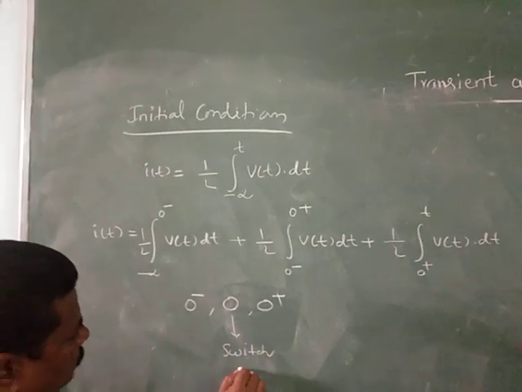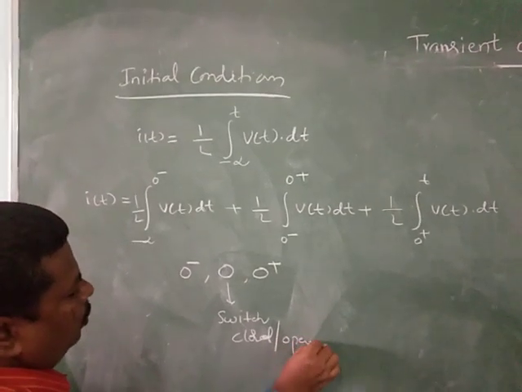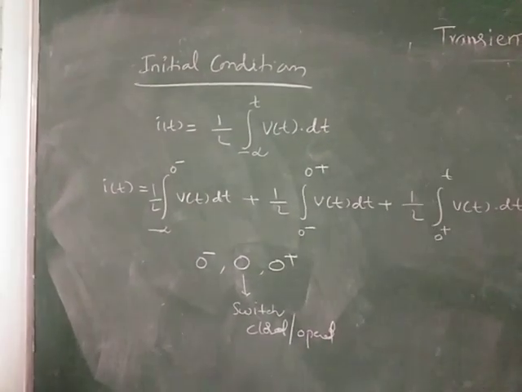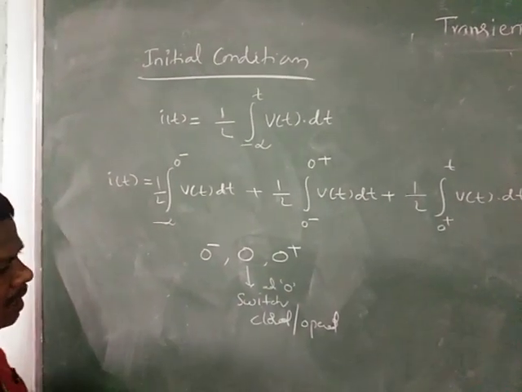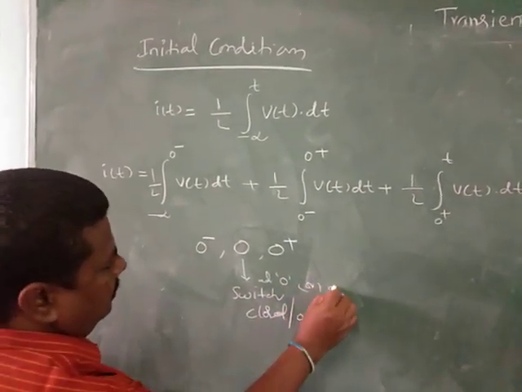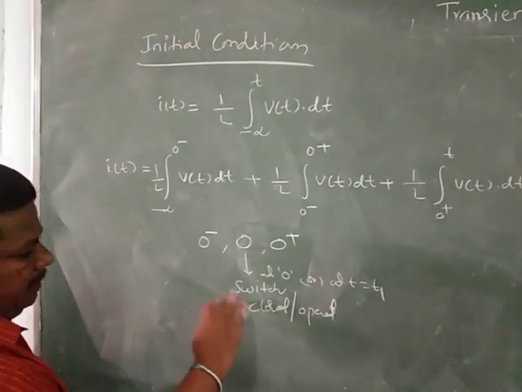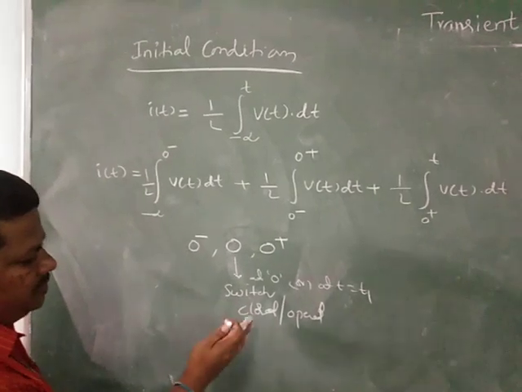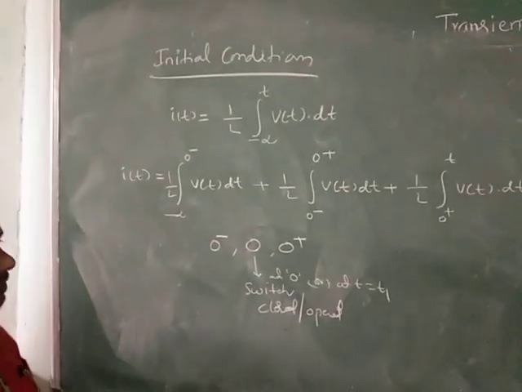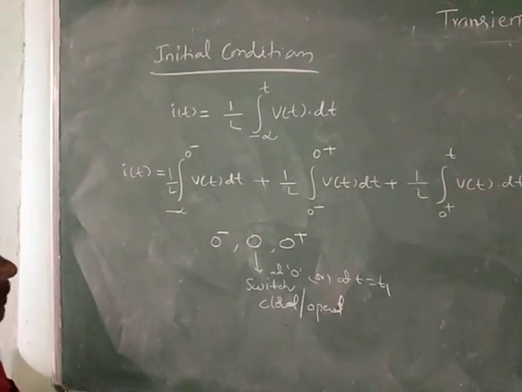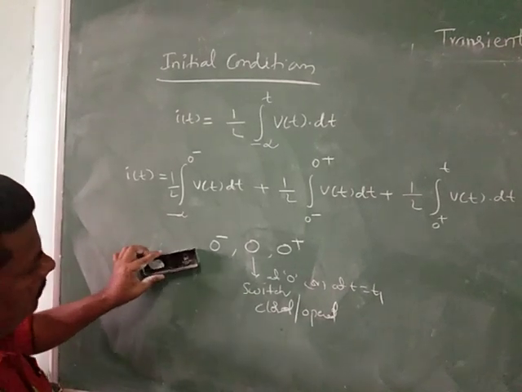There is a switch that may be closed or open, at 0 or some other time, at t is equal to t1. In a circuit, when a switch is closed or opened, what is the response of the circuit? The circuit consists of a resistor and inductor, or resistor and capacitor, or all.